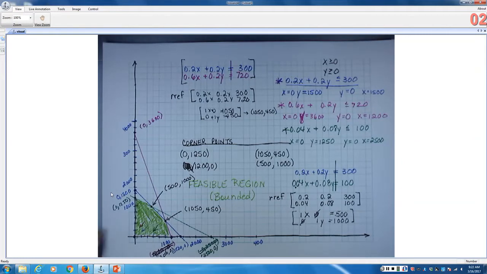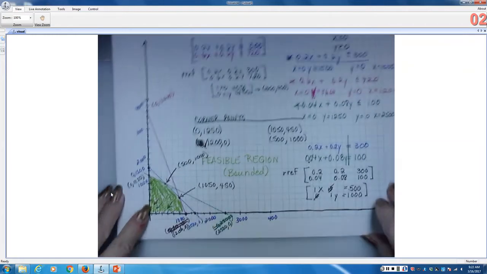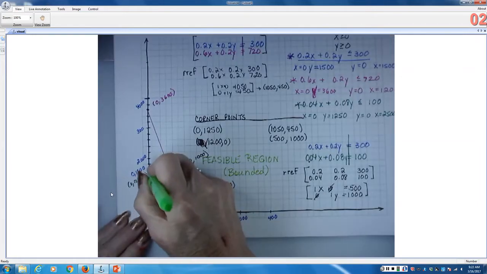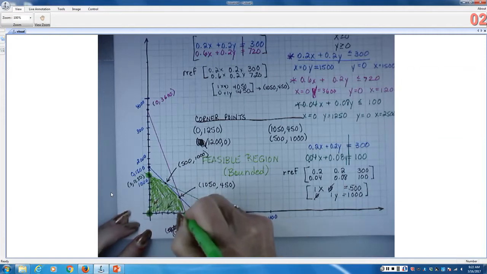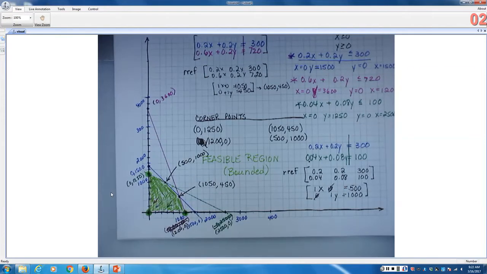So then after we did that, we needed to find the corner points. And the corner points are all of the points where the boundaries intersect. And since one of the corner points was the origin, that was easy to find. This corner point happened to be a y-intercept, so that wasn't hard to find.